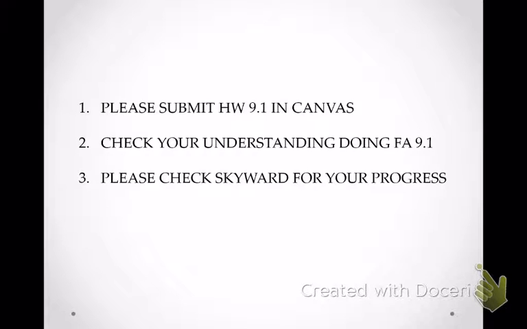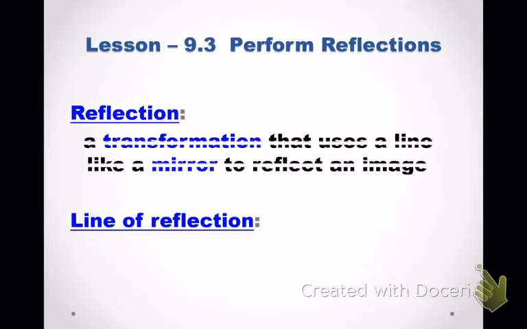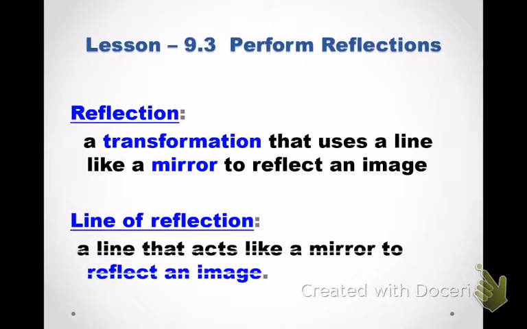Let's go ahead and get started on 9.3 then. We're going to do reflections with 9.3. So a reflection is a transformation that uses a line like a mirror to reflect an image. It's a mirror image across the line. So we have a line of reflection, which is a line that acts like the mirror to reflect an image.